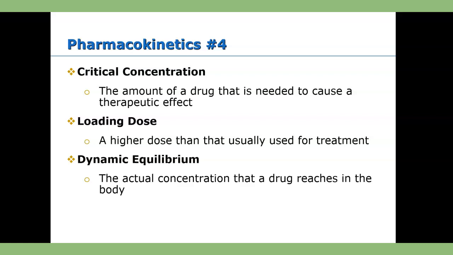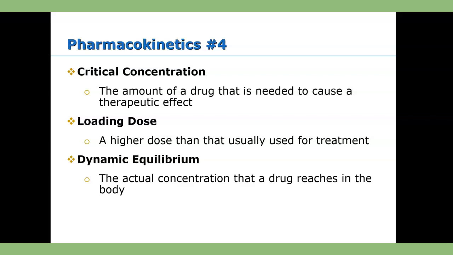Sertraline is an antidepressant given for depression, anxiety, among many other things. But if you look it up in the drug book, it'll say initial may start at 25 milligrams and move up to 50 milligrams. That helps you figure out the critical concentration. How much does that patient need that's going to have a therapeutic effect?